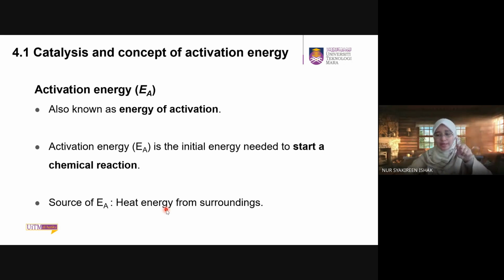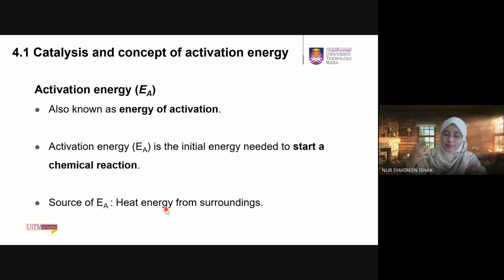So the substrate needs to absorb heat from the surrounding, for example, to vibrate the structure of the substrate molecule and cause bonds within the molecule to break, then only the substrate can be converted into products.